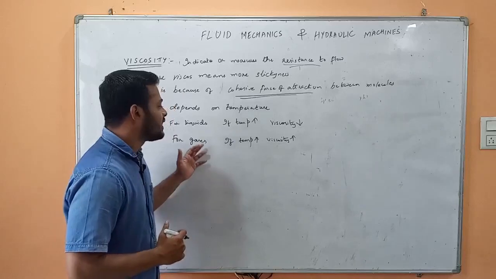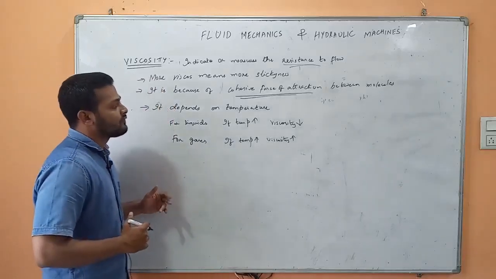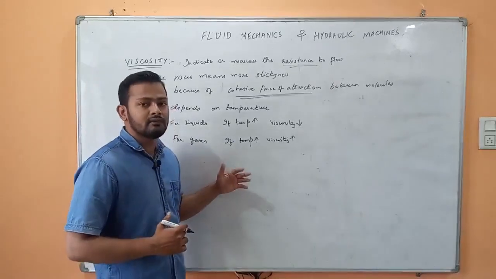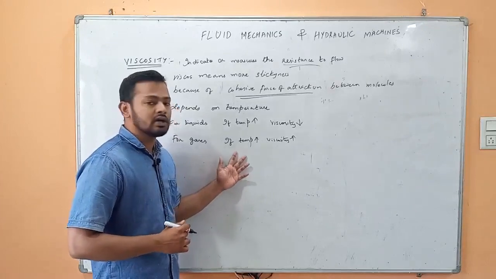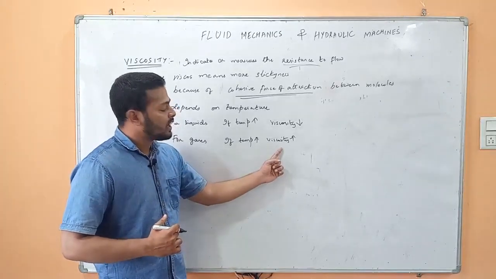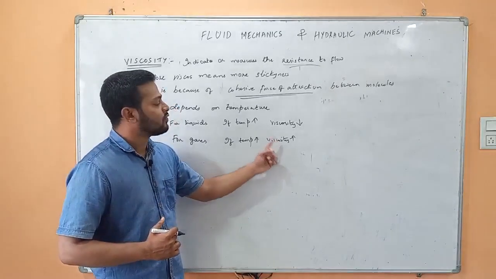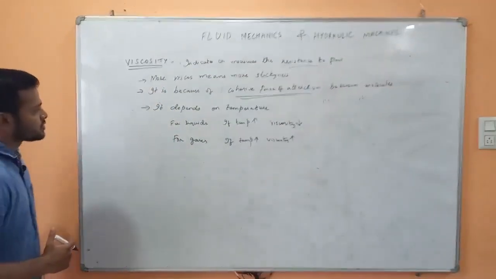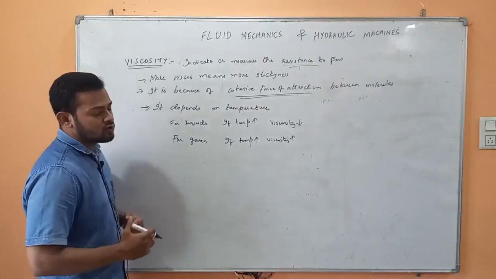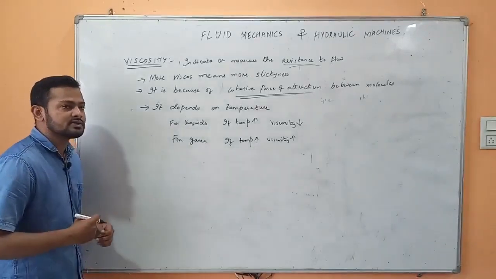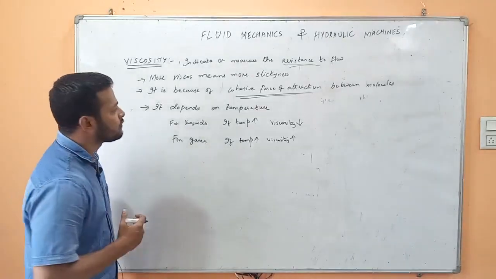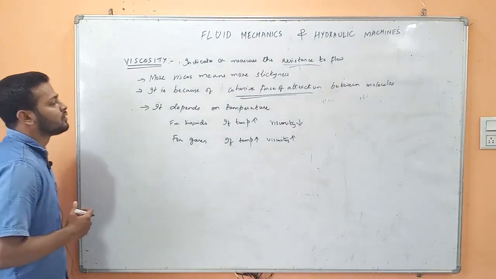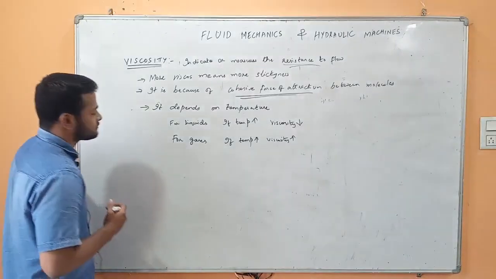So there will be exchange of momentum, because of which the cohesive force of attraction between the molecules of gases will increase. Therefore you will have more stickiness, and therefore high viscosity in gases. So this property in short is called stickiness. More viscous means more stickiness, so more force has to be applied to bring the liquid in motion.